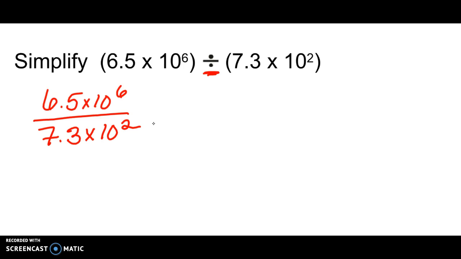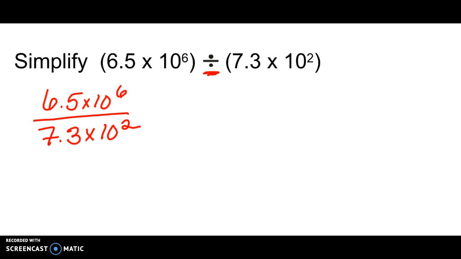Now, remembering what we just learned, we do not have to multiply first to simplify. We can simplify before we multiply. The easiest thing to do would be to take 6.5 and divide it by 7.3, just as if you were going to take 6 halves and simplify it.